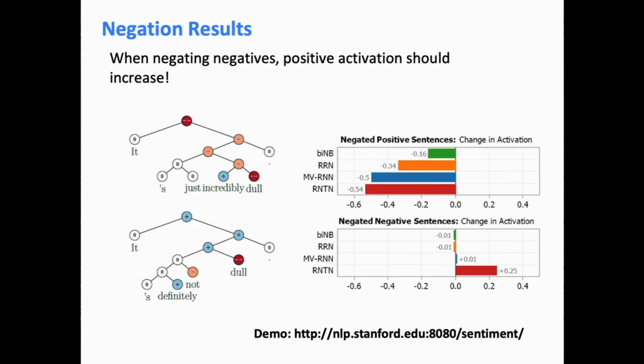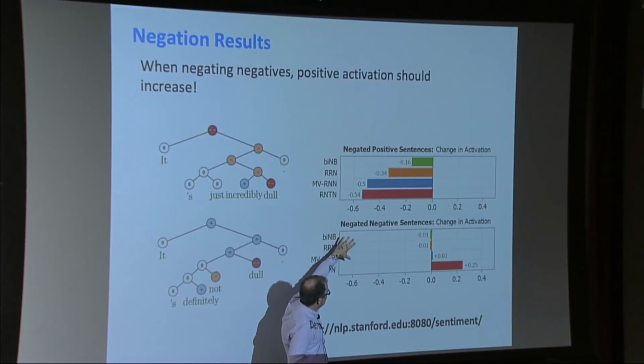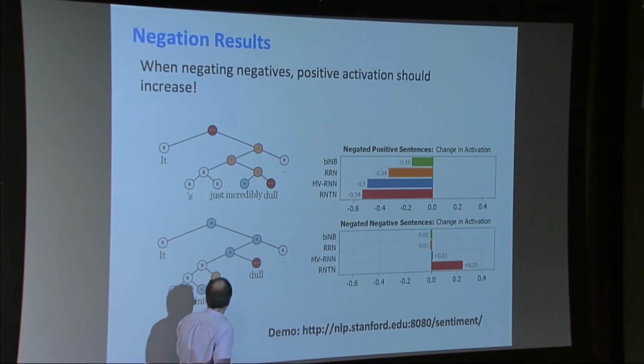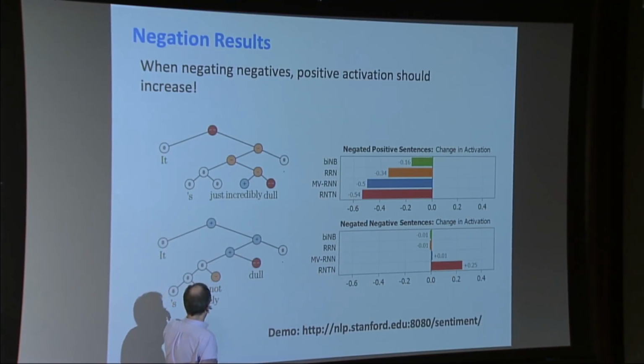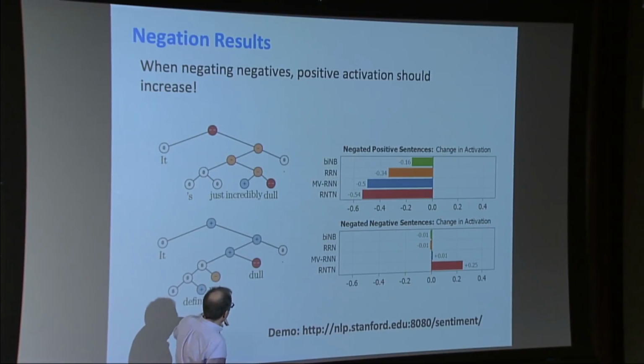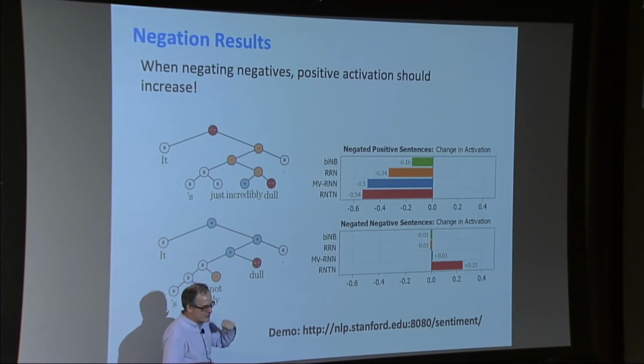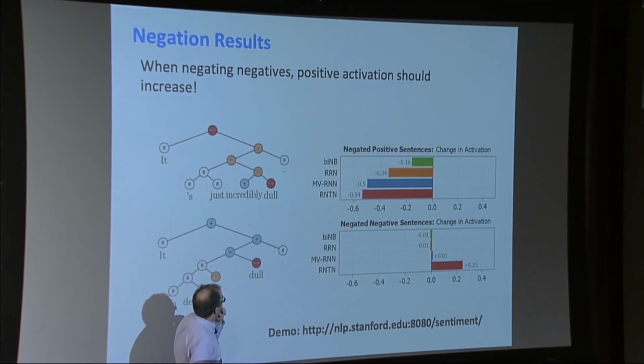This is showing what happens when you have a negative sentence that's further negated. If you do a negation of a negative, things should become moderately positive, right? So if you have dull as negative, and if you say not dull, it doesn't mean it's fantastic, but it means it's moderately positive.